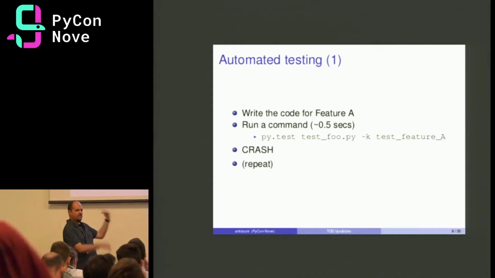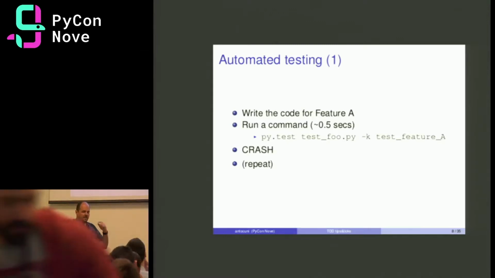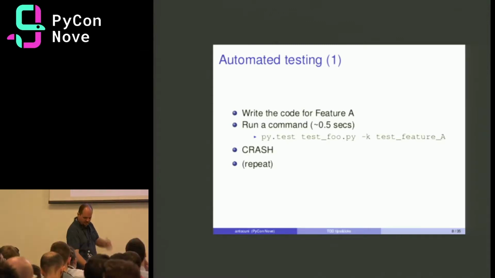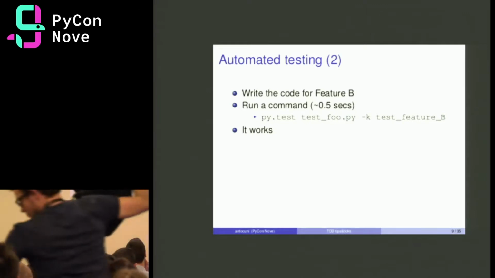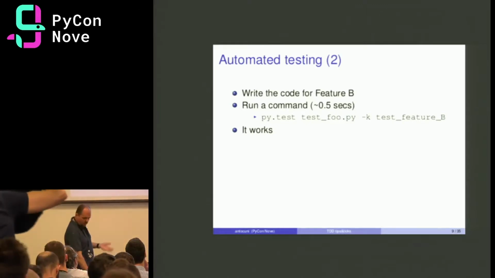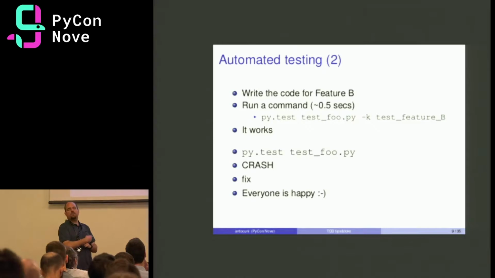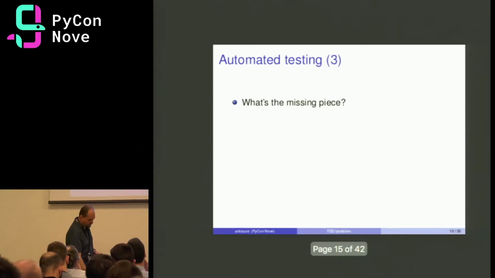So in this case, you write the code for feature A, you write the test, you run it until it's fixed. Then when you write the code for feature B, the new test works, good. But then when you run the entire test suite, you see immediately that test A no longer works and it fails. So you know that you have a bug, and you can fix it before committing, before deploying. So this is basically the idea.